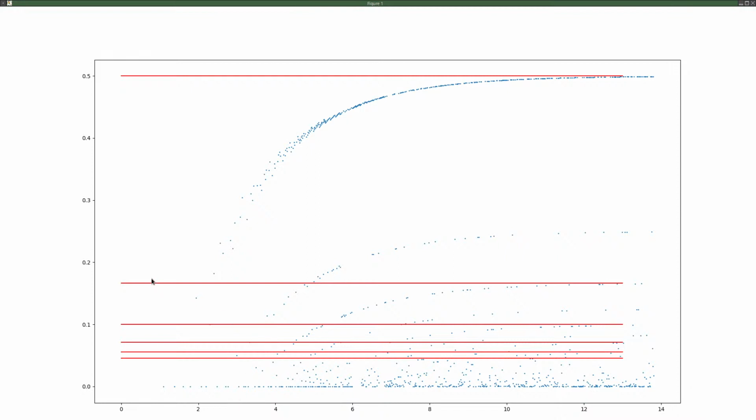Yeah, and these red lines, they're still the asymptotes. Well, no, there's one missing for this. What's going on here? Why is there no red line here? Or rather, why is there suddenly a blue dots here that I had not seen before?